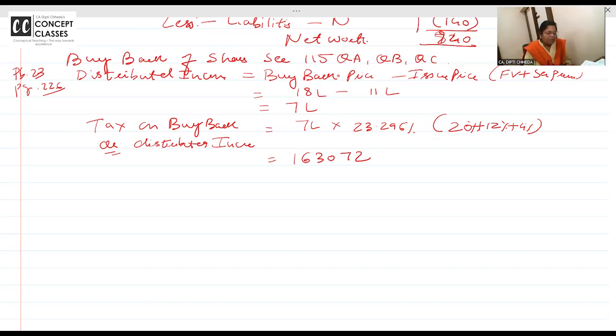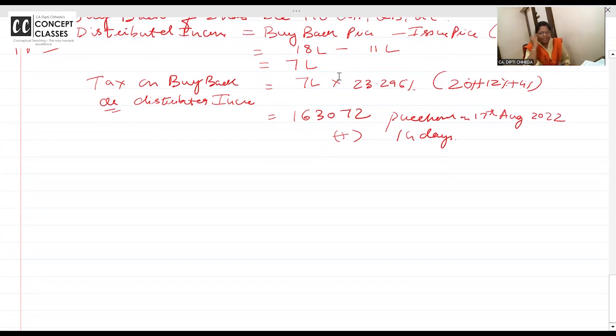This is purchased on 17th August 2022 plus 14 days. हाँ, तो प्लस 14 डेज मतलब आपका 31 डेज तो है इसमें. हाँ, तो बाकी के हो गए आपके पूरे दिन. Here only.